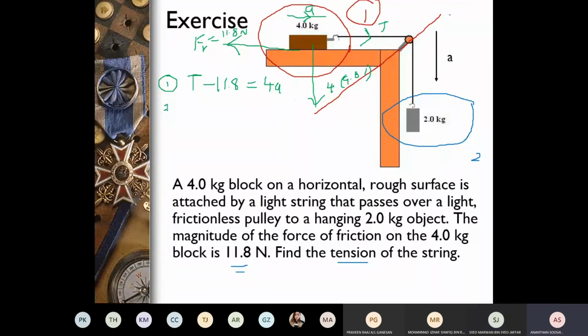Can you get the second equation? This is the second system. Tell me all the forces acting. Force acting down is 2 times 9.81. Tension acting upwards, because it accelerates down.